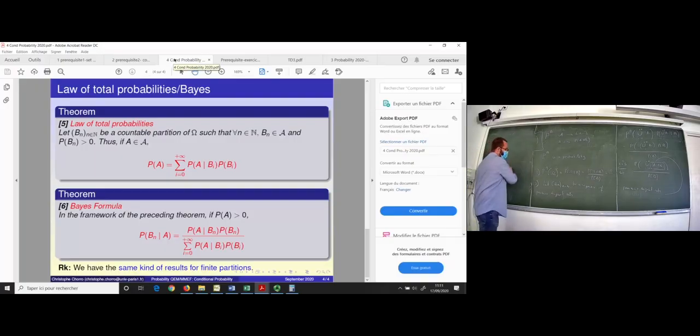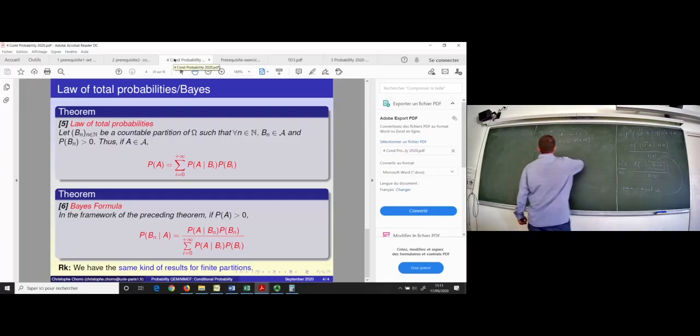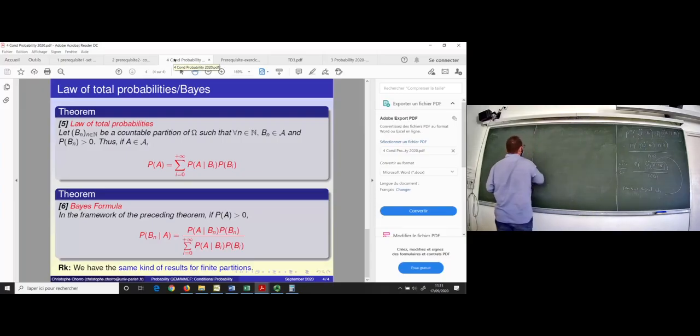So the law of total probability. In the statement of the law of total probability, you have the notion of partition. It will be the way to remind what is a partition, something that is, once again, in the slides concerning the prerequisites, but I will remind.